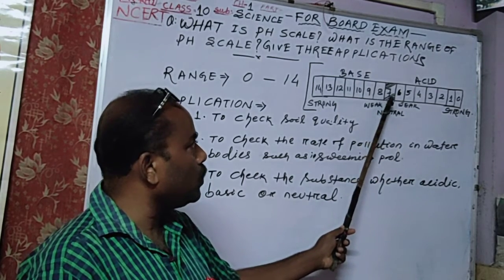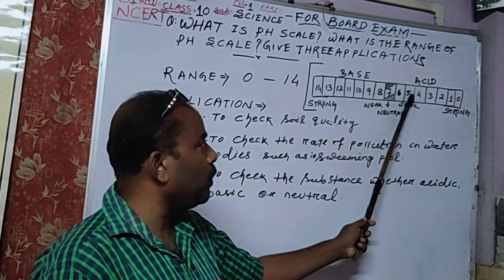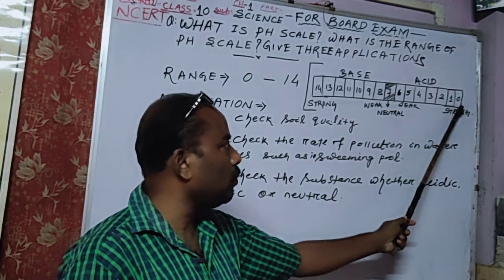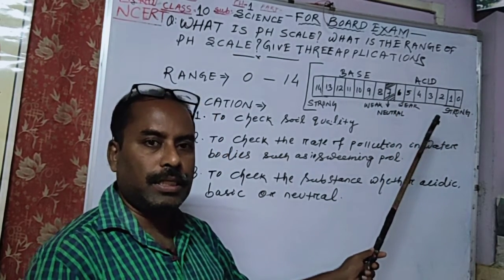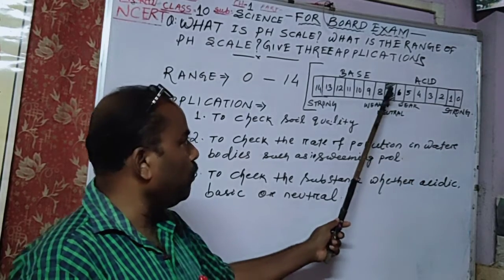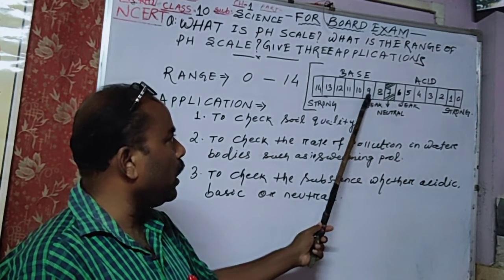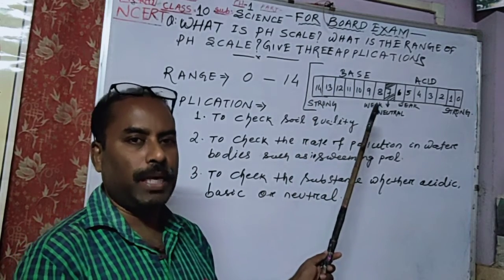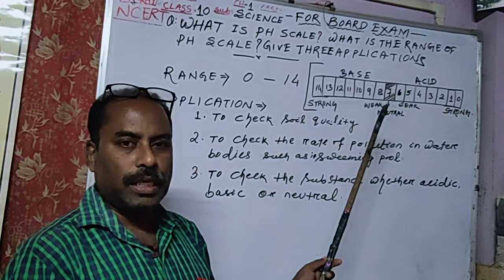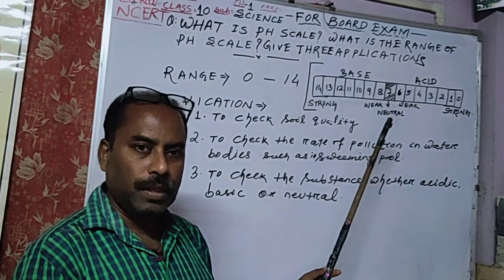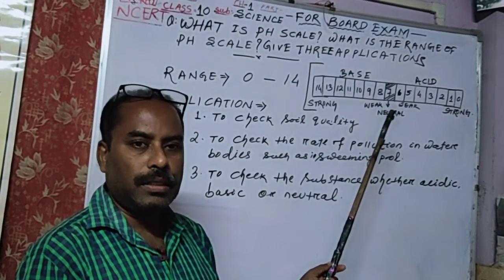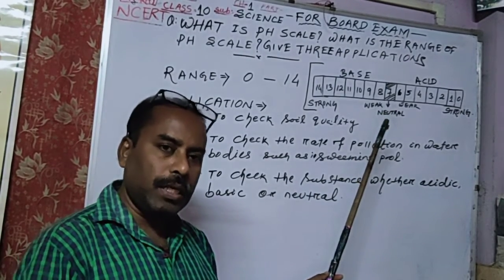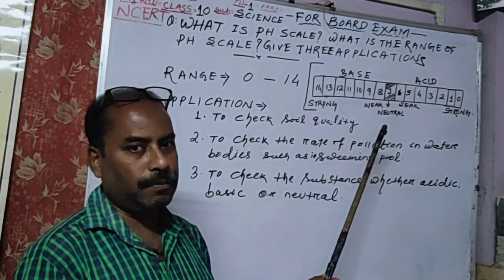But if it goes less than 7, like 6, 5, 4, 3, 2, 1, 0, then that substance is acid. And if the pH shows 8, 9, 10, 11, 12, 13 or 14, then it is base. So 7 indicates neutral, less than 7 indicates acid, and more than 7 indicates base.